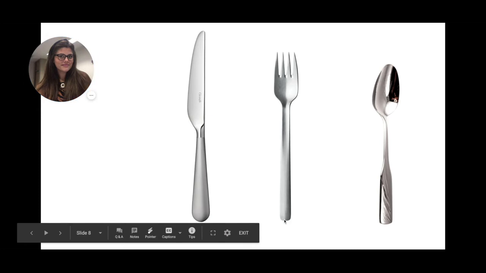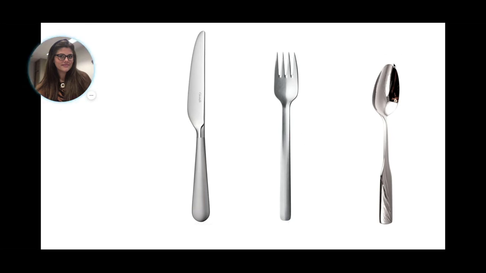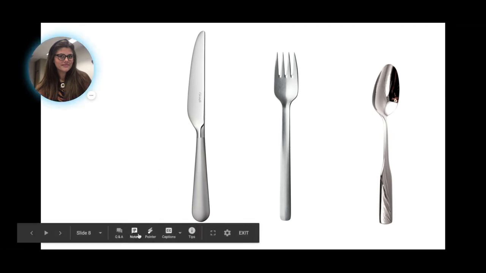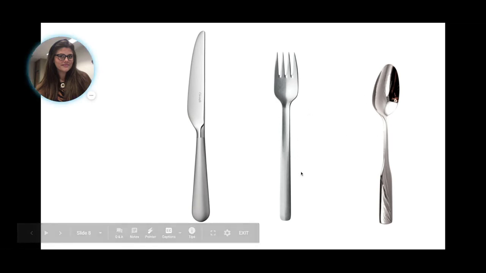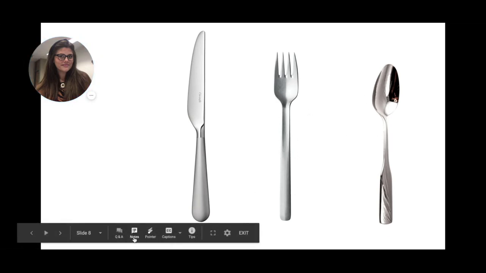So if we were talking about these utensils on the screen, we'd have to make sure that we started at the exact same point, the same starting point at their very bases, all the way to each of their very tops. And remember, friends, can we start measuring anywhere on an object, or these utensils, for example?